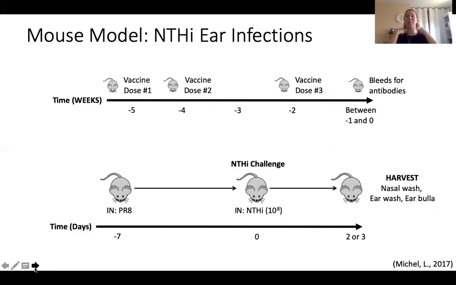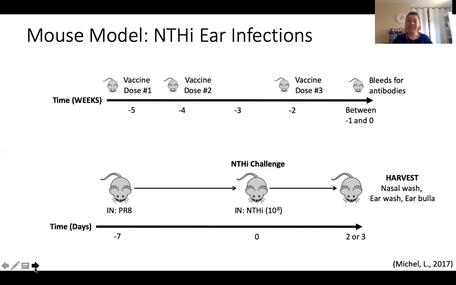So with the 4 candidates, they did preliminary studies using a mouse model so that we could see the amount of antibodies generated, as well as bacteria, when they have had a vaccine versus without. Mice that had the vaccine were given 3 doses to ensure the best amount of antibodies generated as possible.